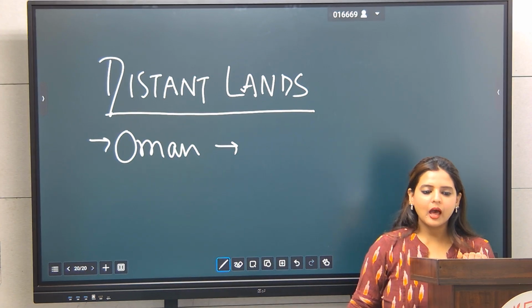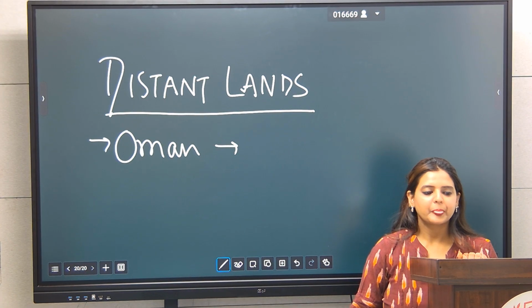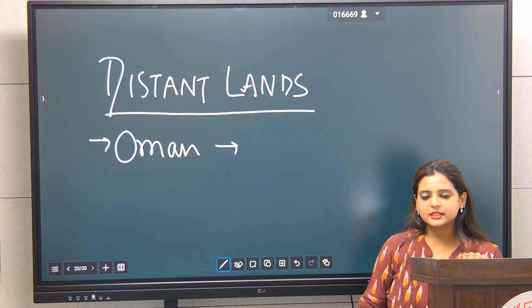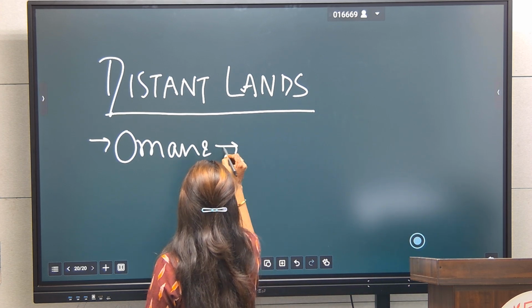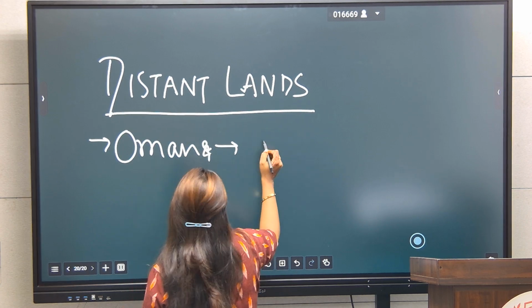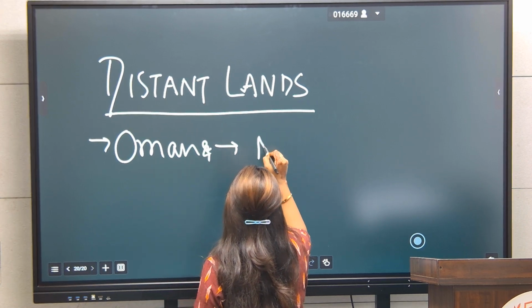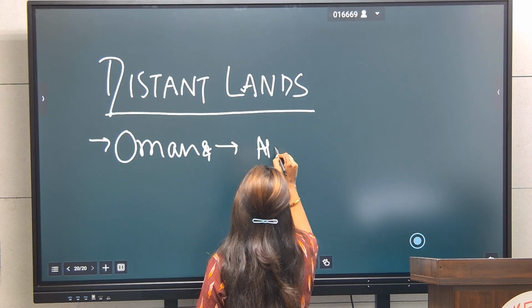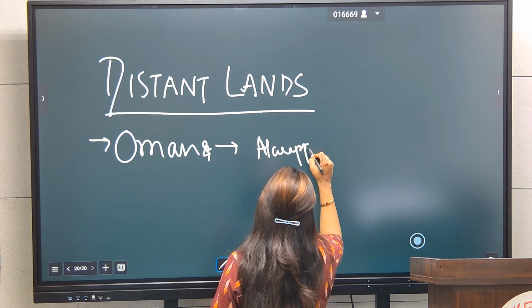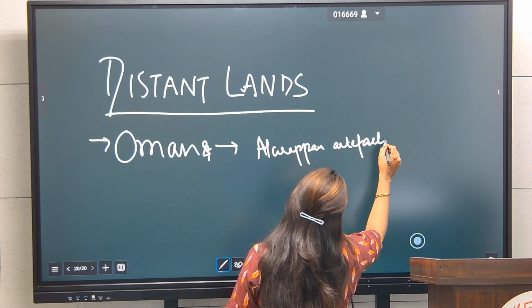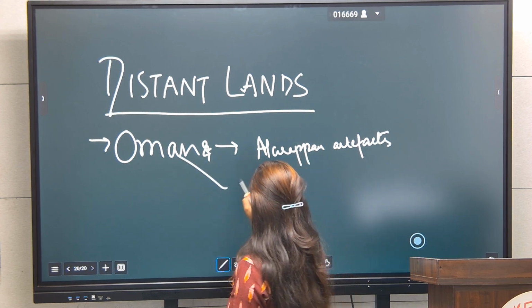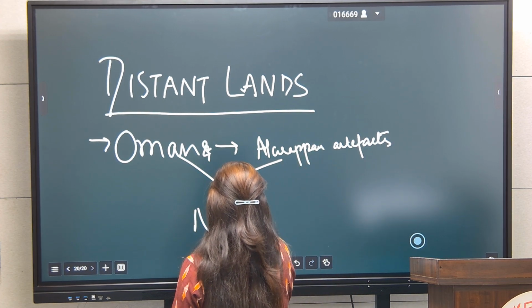Omani copper and Harappan artifacts have traces of nickel, suggesting a common origin.